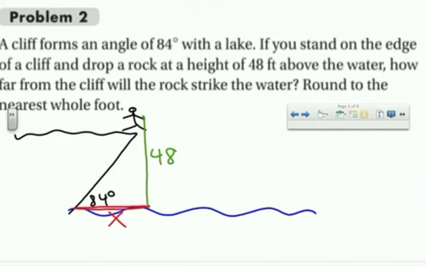Okay, so step by step. What is the 48 to the 84-degree angle? Opposite, adjacent, or hypotenuse? It's opposite. What is the x? Adjacent. So opposite and adjacent, look back at those definitions if you have to. What trig ratio will we use if we're dealing with opposite and adjacent? The tangent. So we write our equation as tangent 84.